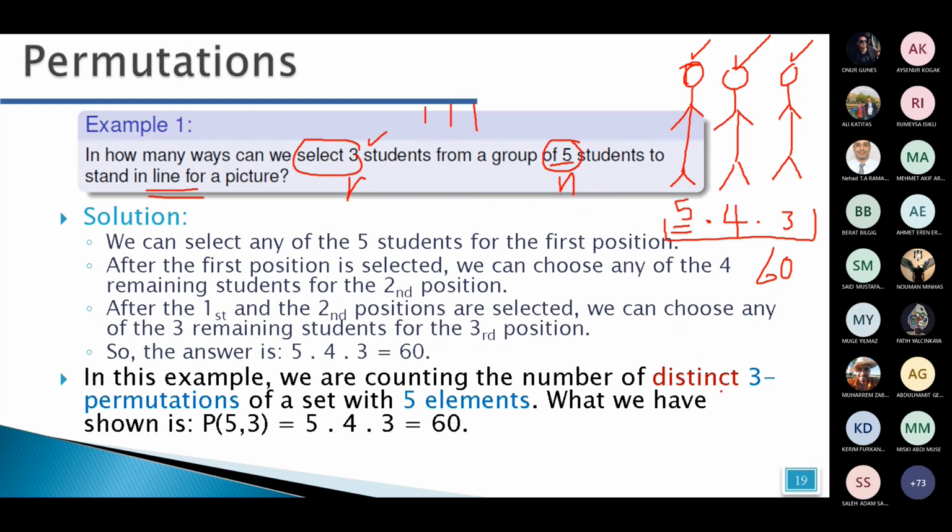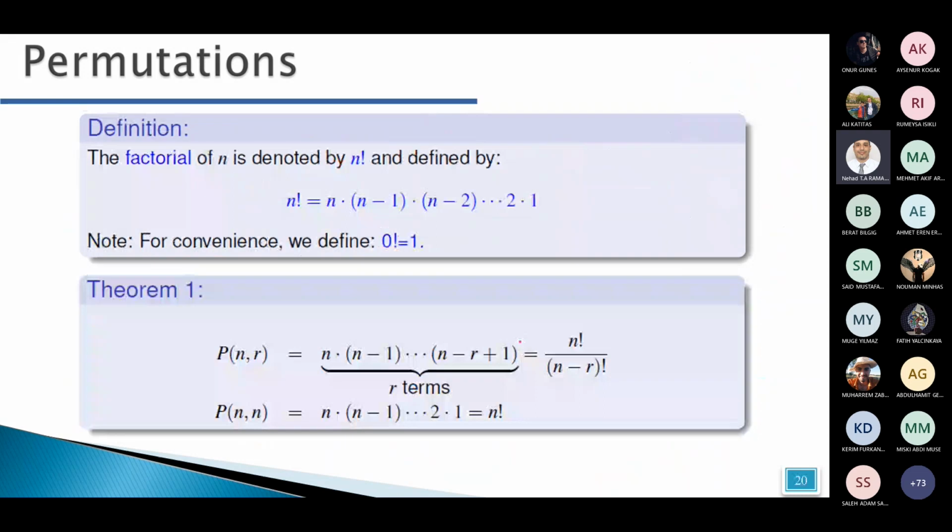So the permutation here is the 5, 3 permutation, which is 5 multiplied by 4 multiplied by 3. We have a rule for calculating this. The rule or theorem to get the permutation depends on the factorial. So first, what's a factorial?